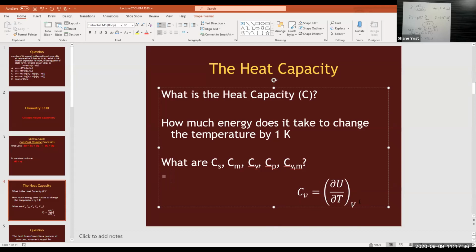And just as a review reminder, what are these things related with? If you see CS here, what is that often called? No, remember, specific, right?